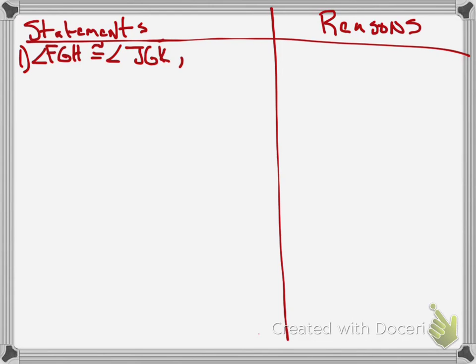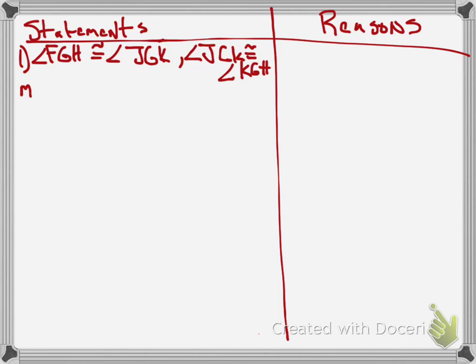I should be saying the measurement here, because we're saying congruency again. We'll come to that in a second. Then we're saying angle JGK is congruent to angle KGH.